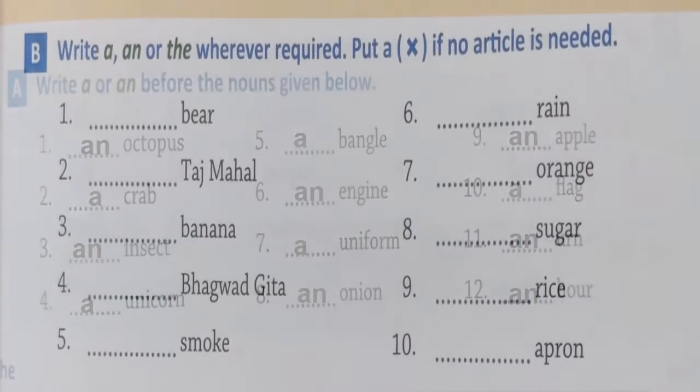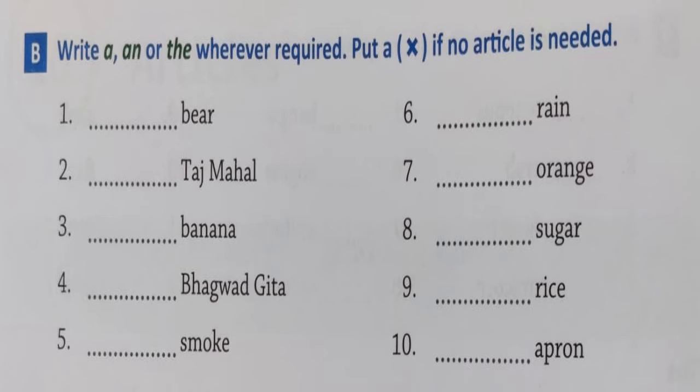Turn the page, go to page number 68. Exercise B and C, we have already done them in the class. So let's see the answers. Write a, an or the wherever required. Put a cross if no article is needed. Whichever are uncountable nouns, you will put a cross before them. Number 1, a bear. Number 2, the Taj Mahal.